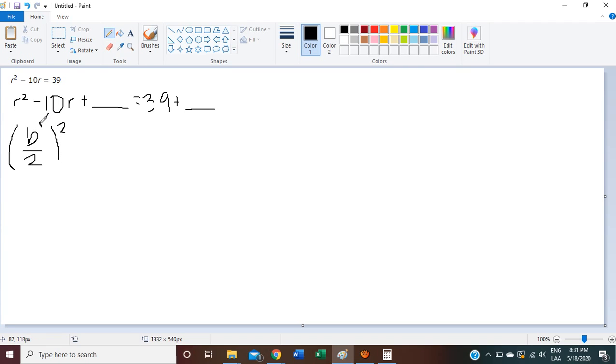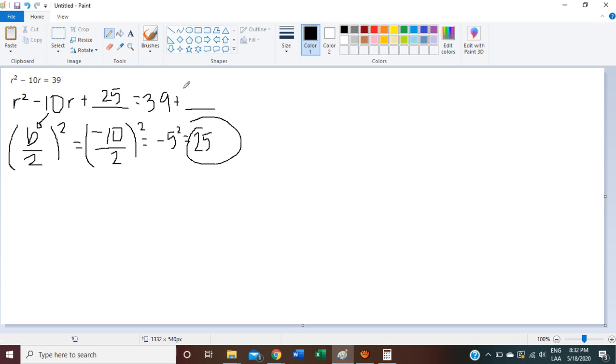Remember, b is this number and it is a negative number, so negative 10 divided by 2, and all of it is going to be squared. Negative 10 divided by 2 equals negative 5, squared equals 25. So the missing number is 25, 25 here and 25 here.